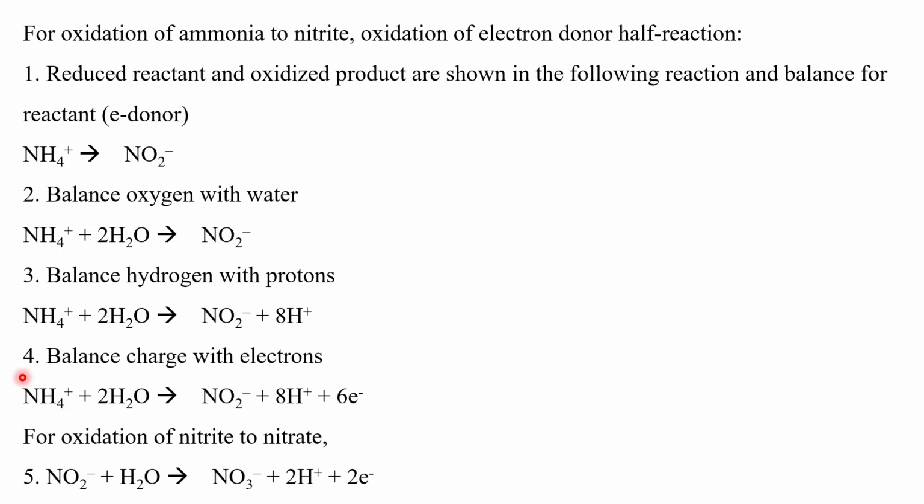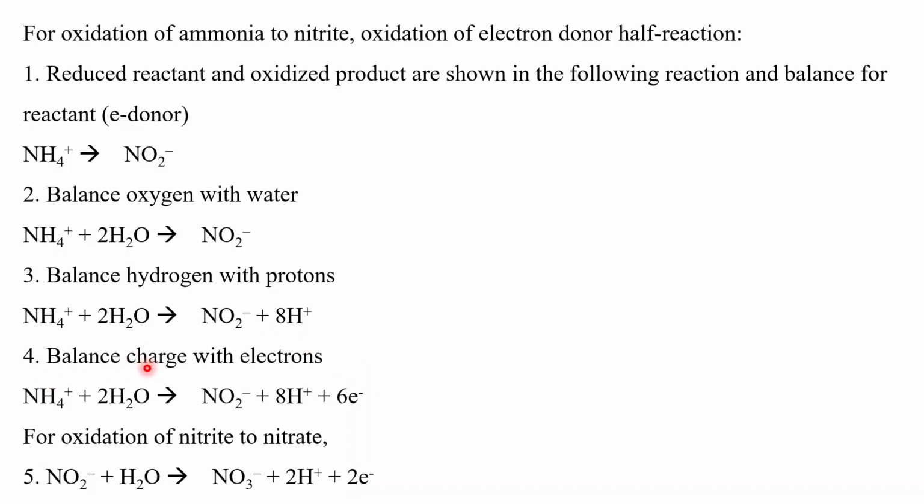Now you can see for the oxidation of ammonium into nitrite, 6 electrons are required. So 6 electrons are required for conversion of ammonium into nitrite. Okay, so that was the first step.